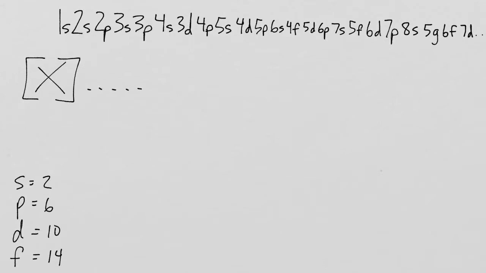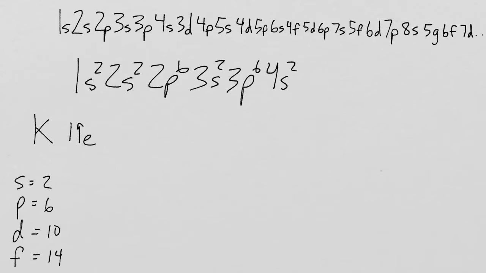So let's do an example. Let's take the electron configuration for potassium. Now potassium has 19 electrons, and in the long format we would write it as 1s2, 2s2, 2p6, 3s2, 3p6, 4s2, but since everything up to 3p6 is basically the electron configuration for argon, we can simply write argon in brackets and then 4s2.